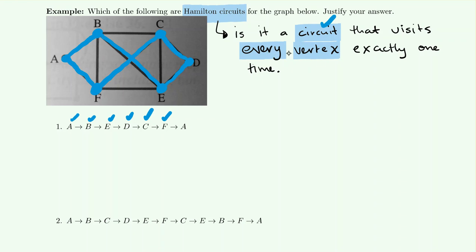We must visit every vertex exactly one time. Looking at our progression, we see that not only are we visiting every vertex, but we're doing so exactly one time until we get back to our starting vertex. So it does visit every vertex exactly one time. So because of this, we would say, yes, this is a Hamilton circuit.